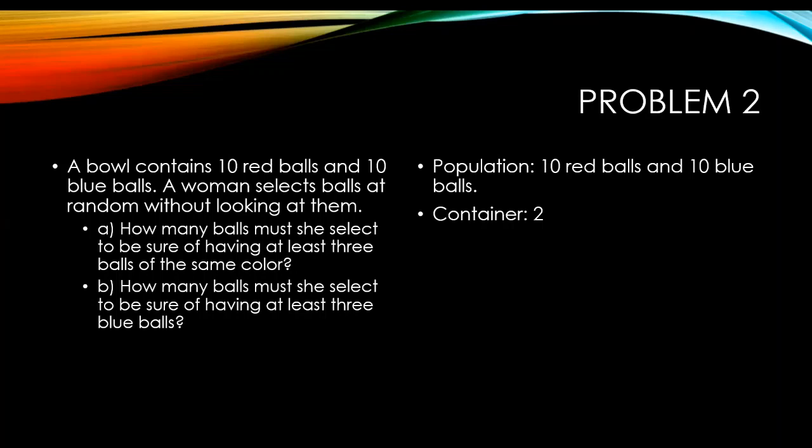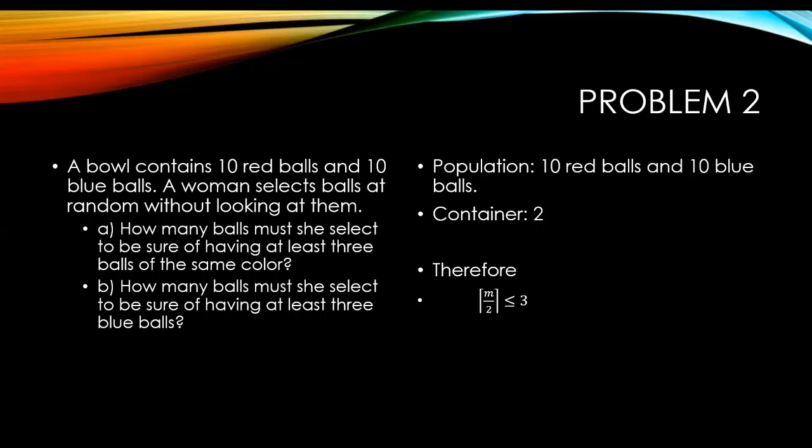Using the pigeonhole formula, M we don't know, so it will be based on the 10 red and 10 blue balls. The number of containers is still 2, and the number of same color is 3. So 3 balls in one container will be the worst case scenario.